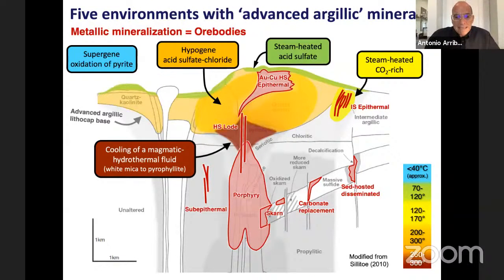In some ways, we are just repeating what some very smart and very insightful people said 100 years ago. So anyone with an interest in high sulfidation epithermal deposits, I recommend you read Ransome's papers in the first issue of Economic Geology on the Goldfield deposit in Nevada.